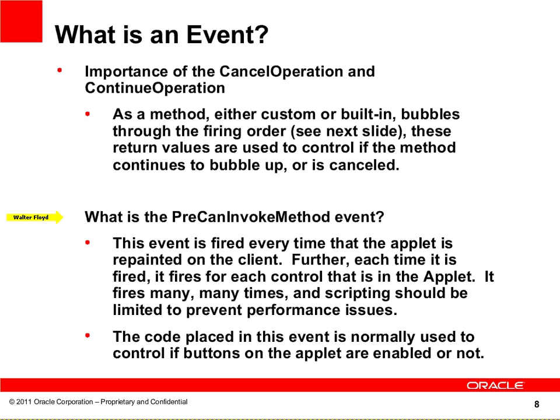Every time a screen is refreshed, the pre-can invoke method event fires for every control that is on the view. Since it's limited to an applet, you would be looking at it within an applet. It can fire 20, 30, 40 times right back to back when the screen is being refreshed.